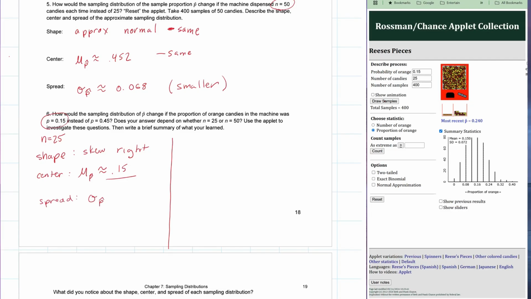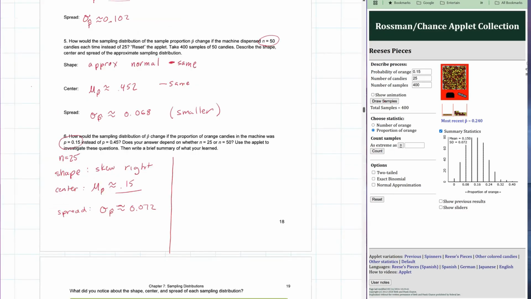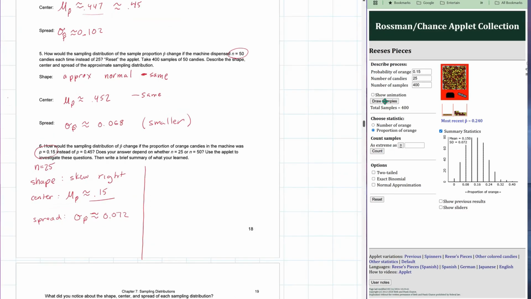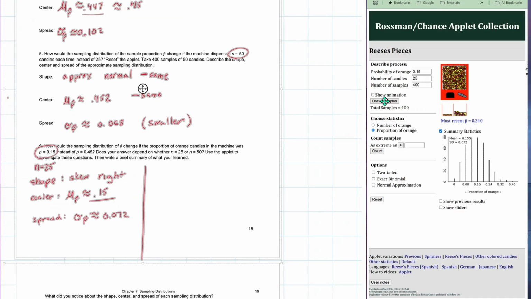Spread of p hat is approximately, in this case, 0.072, pulling that number off of that graph there. Okay, so is that similar to what we saw before on the spread when we had a sample size of 25? The answer is no, they're different.